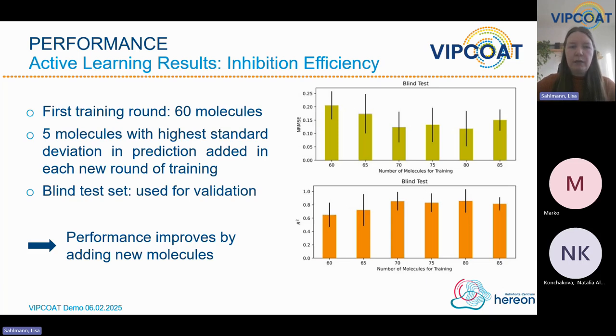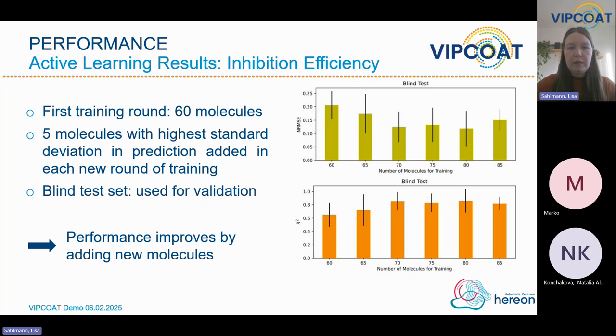And with that, we extended the data set step by step, until we went to 85 molecules, and a few molecules were held back for blind testing.